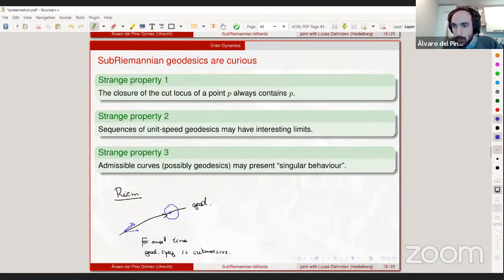This is cool. The problem is that this is not true in the subriemannian case. In the example we did, it is true. But in general, and it's not really just a property of geodesics, it's a general property that some curves are just bad in the presence of the distribution. You can have a geodesic such that, if you take nearby directions, all of them will be pulled to the same side.